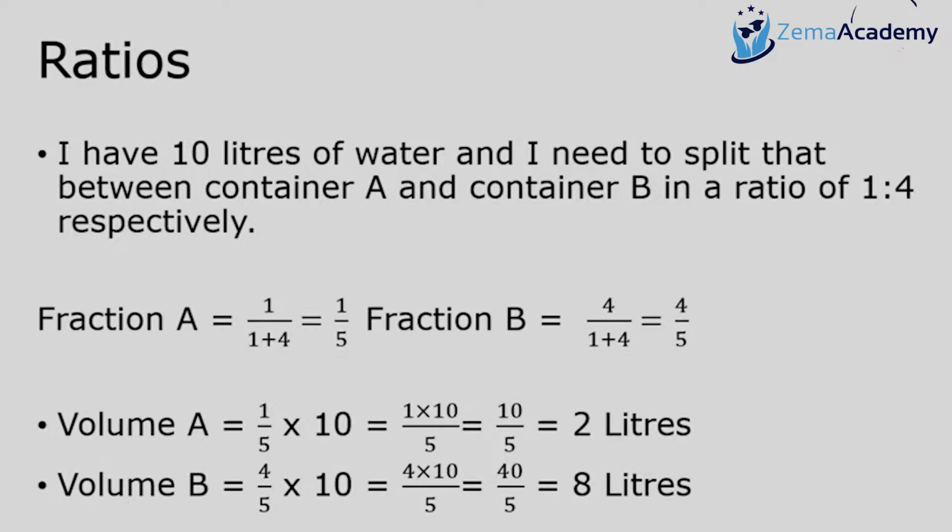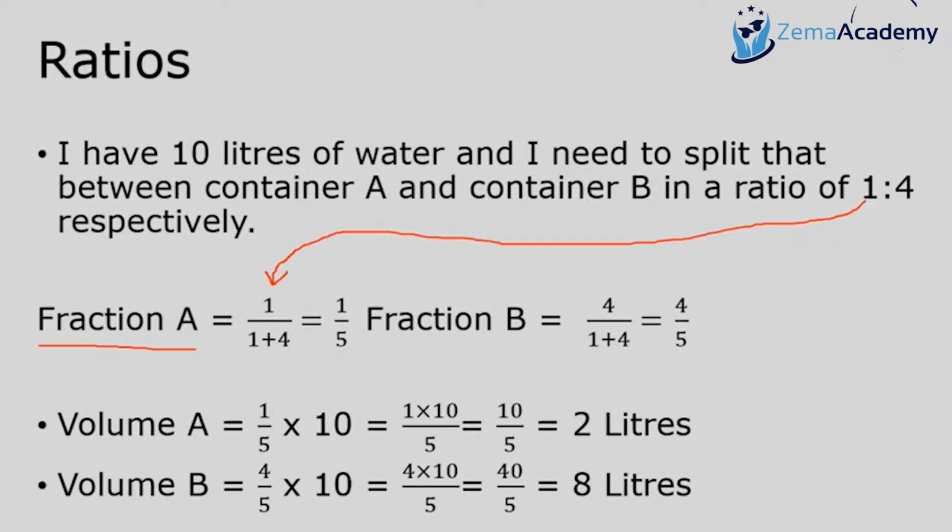So if I want to calculate how much I'm splitting that 10 litres of water into for each container, I have to produce a fraction. And I do that like this. For fraction A here, I take this number, which represents A, and I put it on top of the fraction.